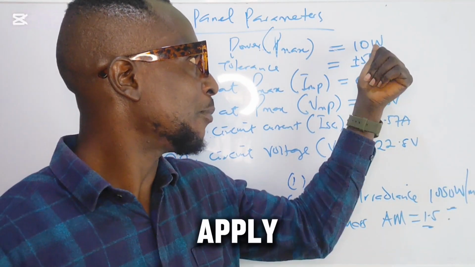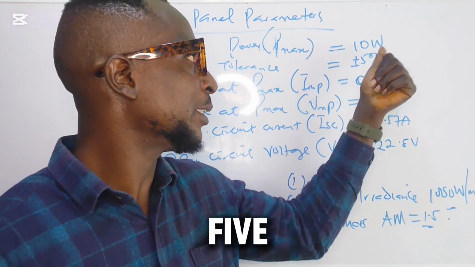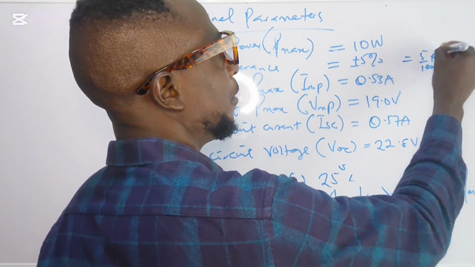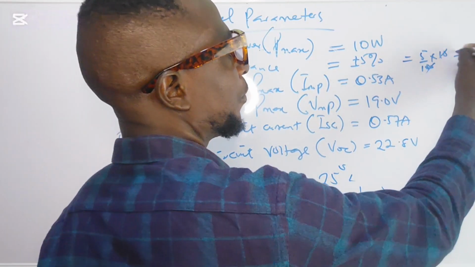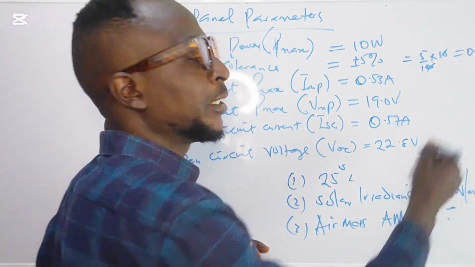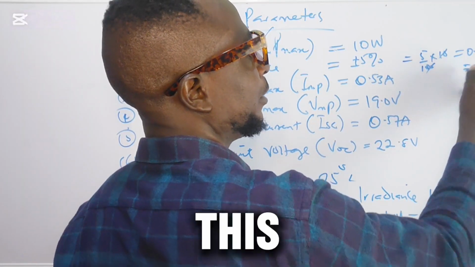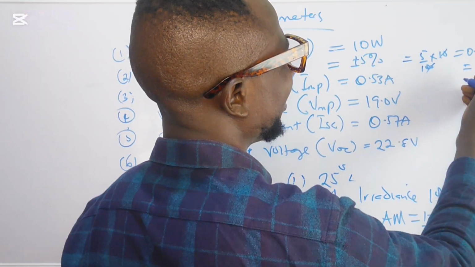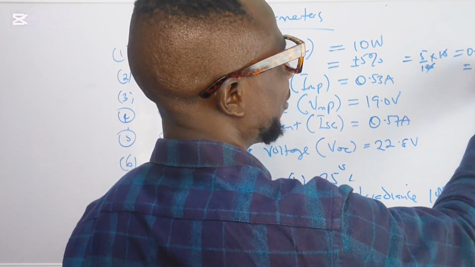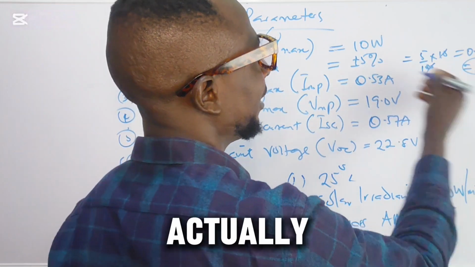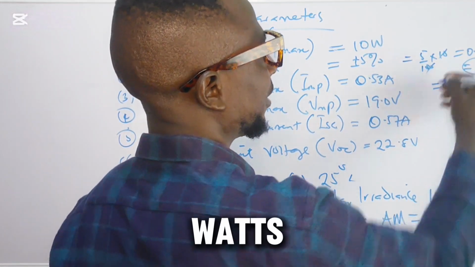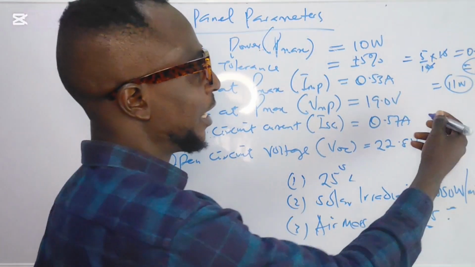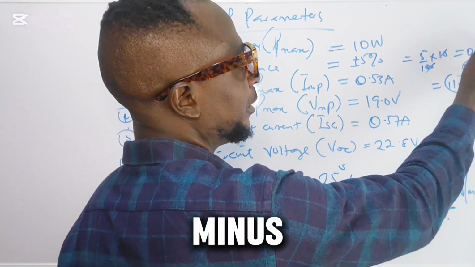If we apply plus 5% to this, it is very simple. 5% of 10 watts is 0.5 times 10, that is 1. That means you can actually get 11 watts out of this. And if we apply the negative output tolerance, we minus this away from this.